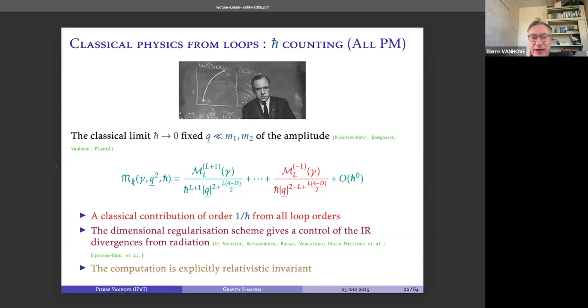Then you get L equal 1, so you'll get something that goes like 1 over h bar squared, and then 1 over h bar plus something, and then you realize that the higher you go in perturbation, 2 loop, 3 loop, you get a lot of these terms that are polluting your computation, and you want to extract the 1 over h bar. And honestly, as you can guess, we are doing a computation in pure gravity, right? So this is massively difficult in terms of the tensorial structure.